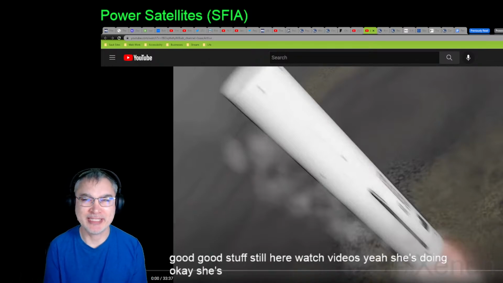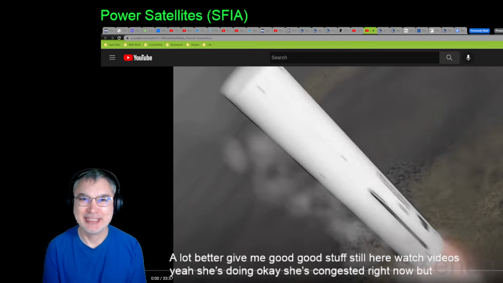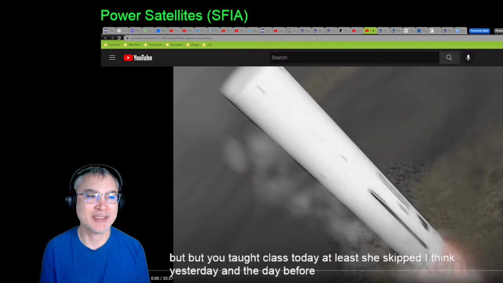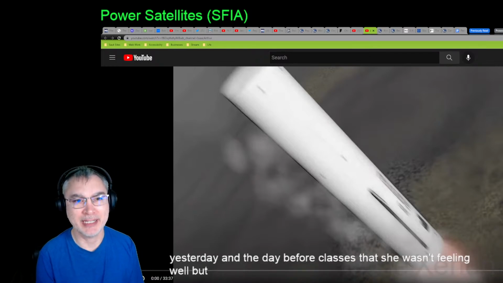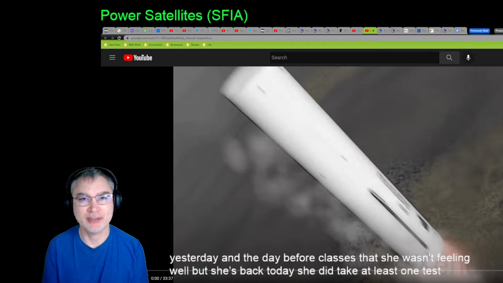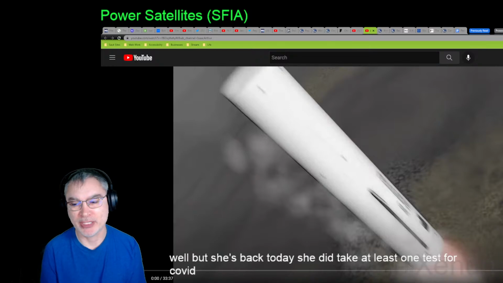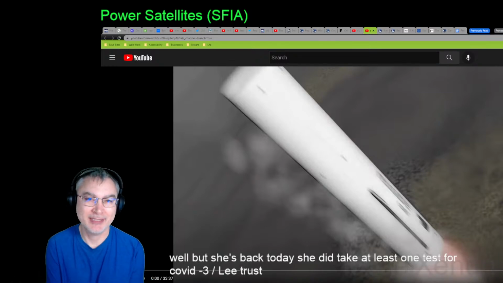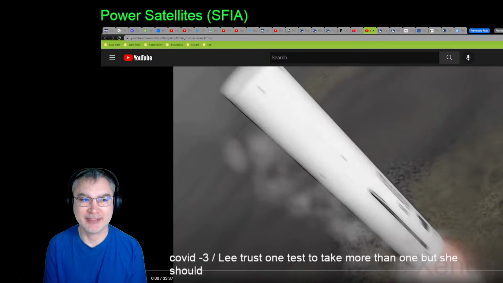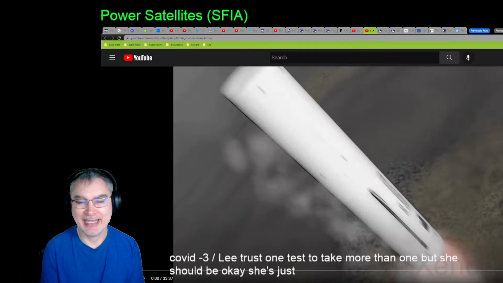She's just congested right now, but she taught class today at least. She skipped yesterday and the day before because she wasn't feeling well, but she's back today. She did take at least one test for COVID, and she came back negative. Not that I overly trust one test. Should take more than one, but she should be okay. She's recovering.